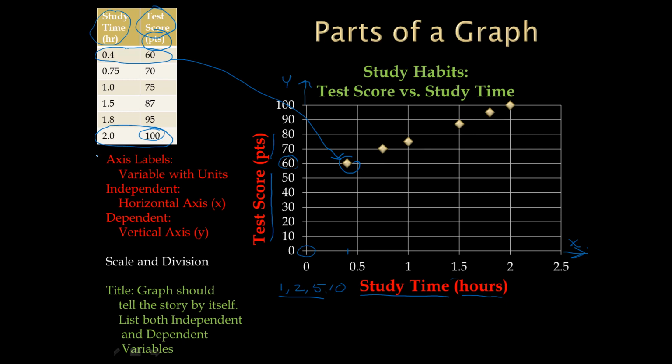A value of 2 hours and 100 points. I'll come around over here. I'm at 2 hours and 100 points. So I plotted my last point here, and then, of course, putting in all those other data points. So I've now presented in a nice graphic version the data we originally had in our table of data.